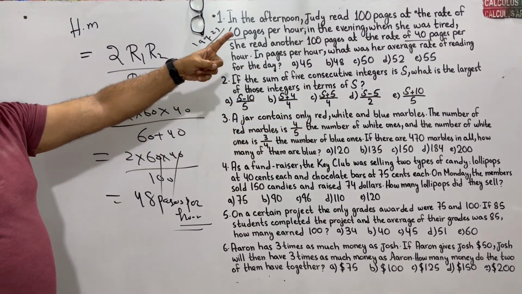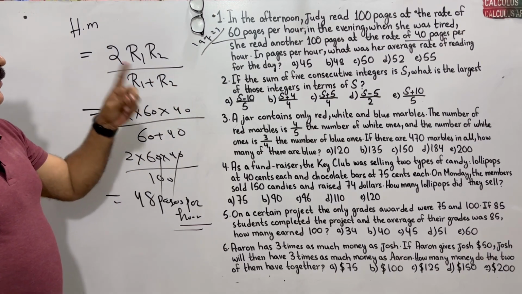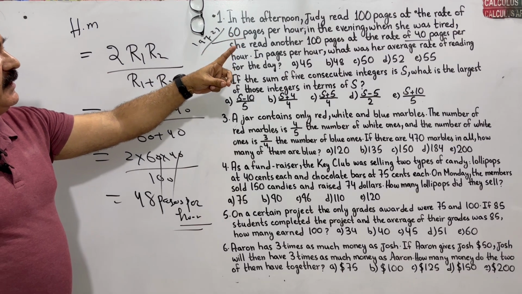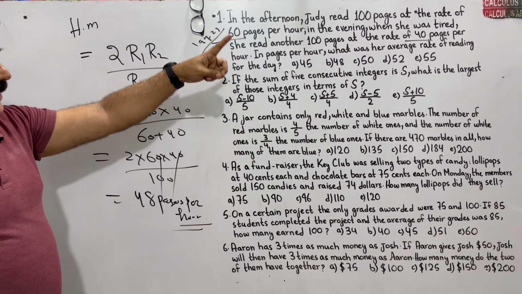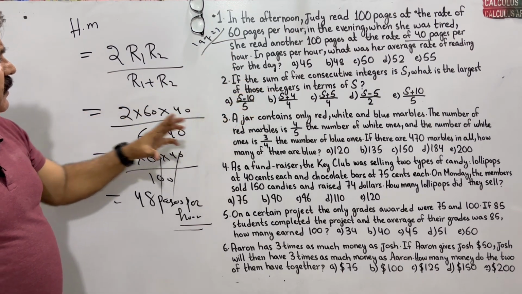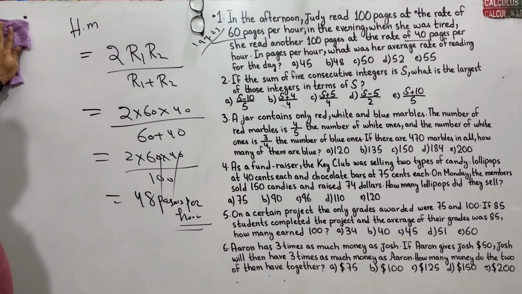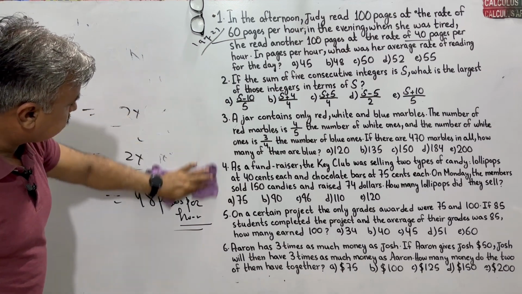Normally there is the same distance from home to work and work to home. Here it is 100 pages in the afternoon and 100 pages in the evening. The work is the same, the rate is different, 60 and 40 pages per hour. So harmonic mean is the best option. Otherwise, you take the traditional path, which is as follows.